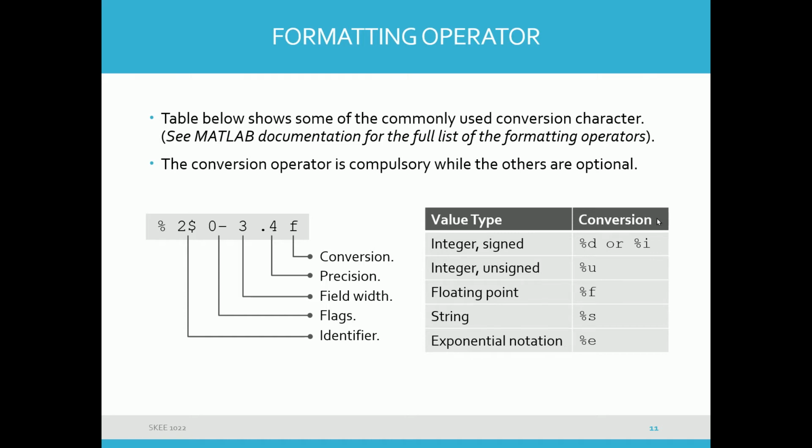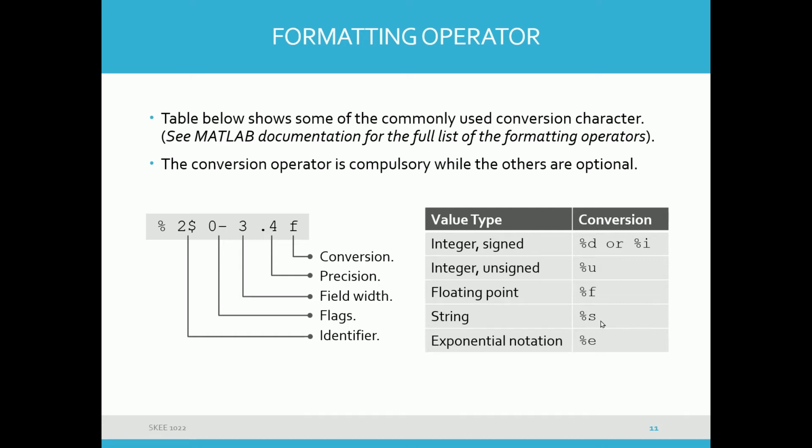So you have to use %d or %i. Easy to remember: i for integer, d for decimal, I think. And this is signed, a signed value. But if it's not signed, it means it's always positive, it will be u, unsigned. And you have floating, f. If you have a string, string is basically a, b, c, d.